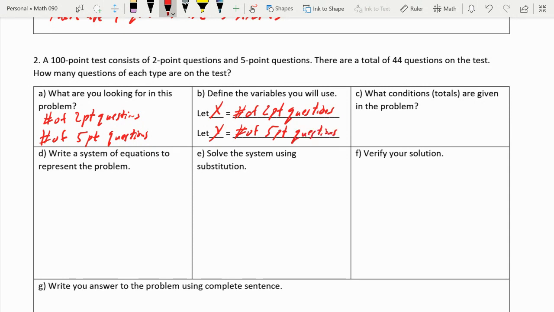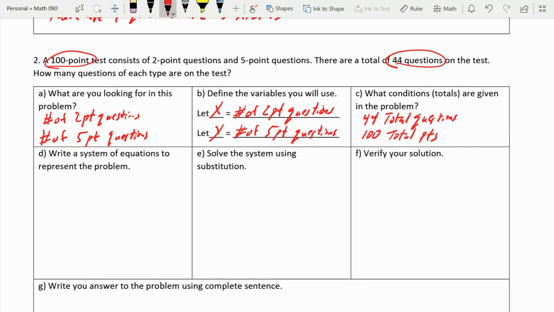I apologize for how sloppy this writing is, but it's hard to write on this tablet. What conditions? What totals did they give us? Well, they told us there were 44 total questions, and then there was a 100-point test, so 100 total points.